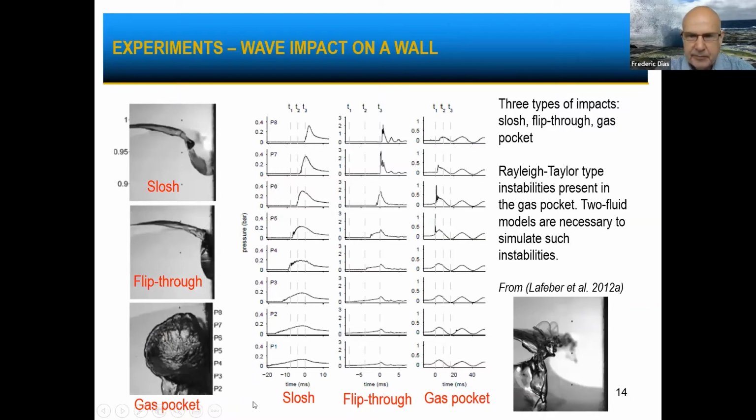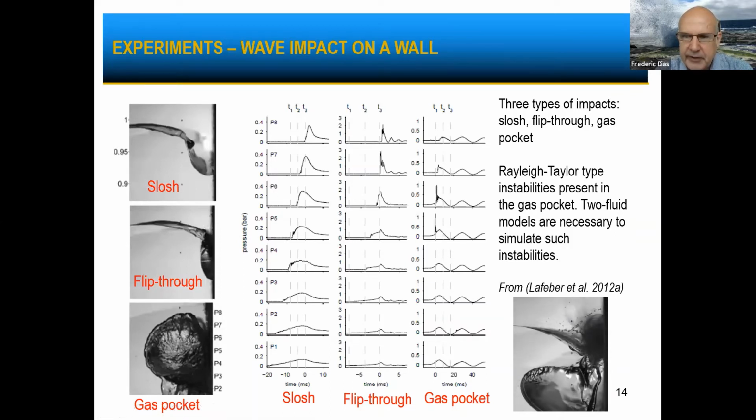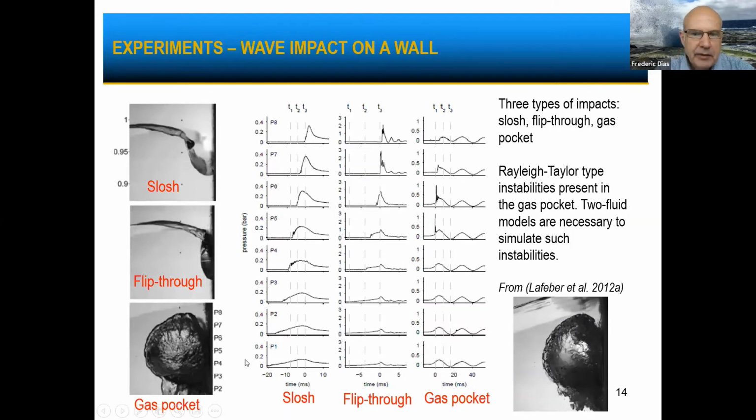And you will see an animation now of this gas pocket when it hits the wall. Now there are all these pressure sensors, P1, P2, P3, up to P8. That's the pressure signal for the first one here. And then for the flip-through, with a very large peak here, this is the largest one.